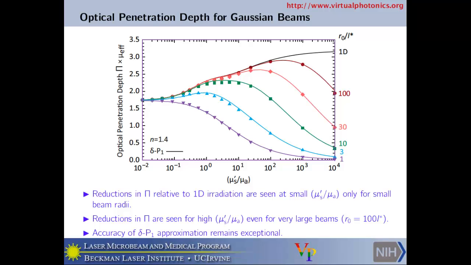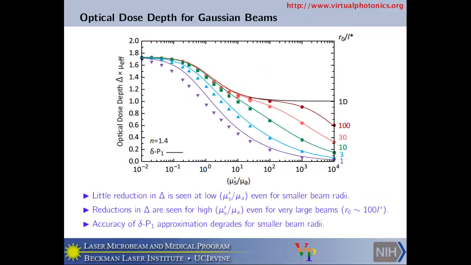We can also look at optical penetration depth of these, and you can see the loss of optical penetration depth for high scattering as you go to smaller beams. Delta P1 does very well in predicting that, and also this dose depth. You can see delta P1 does a little worse job, especially at small beam diameters.